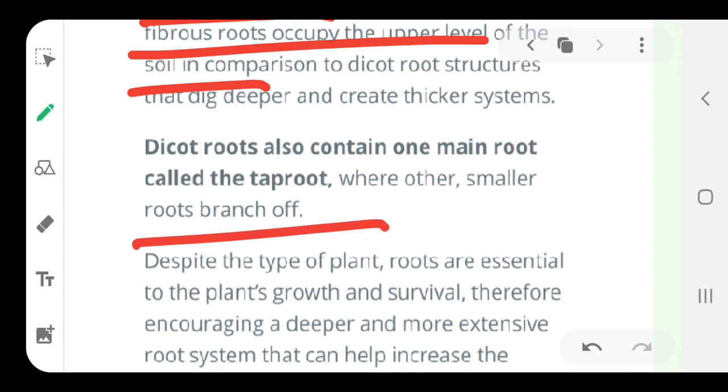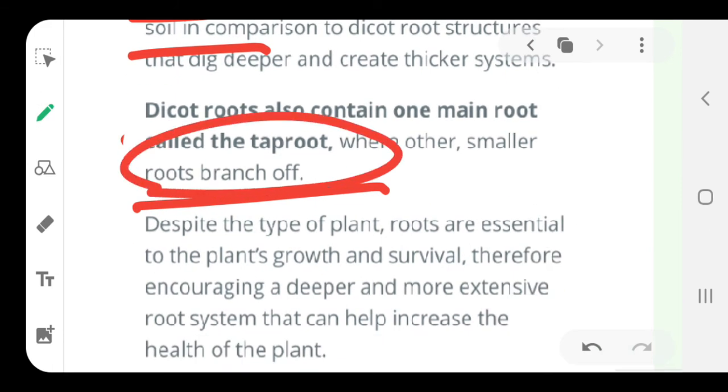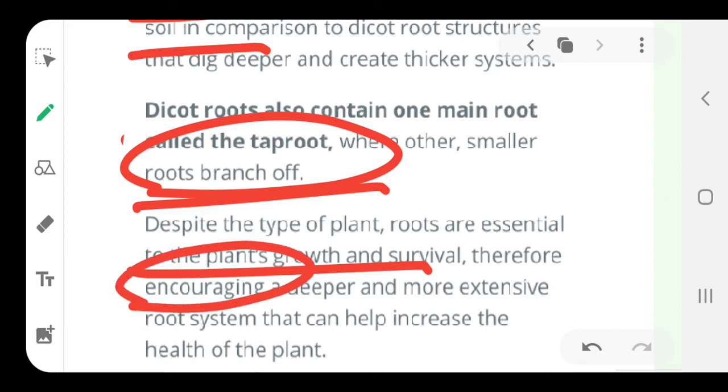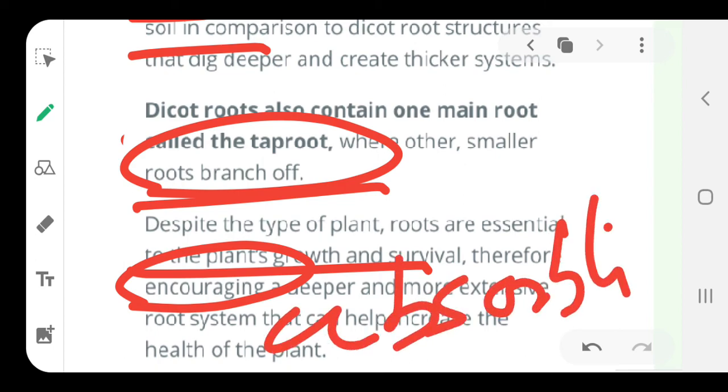Despite the type of the plant, roots are essential for growth and survival. And what is the main function of root? They give anchorage. That means they anchor the plant and give it good support, and help in the absorption of minerals. So that should be known to you: absorption of minerals and nutrients.